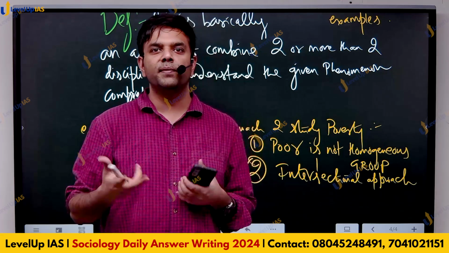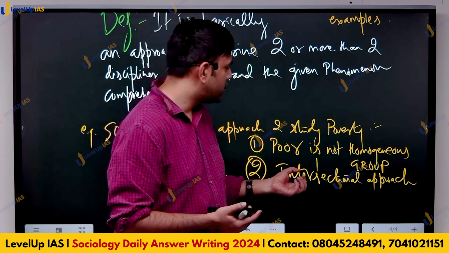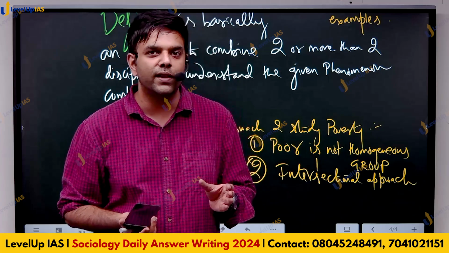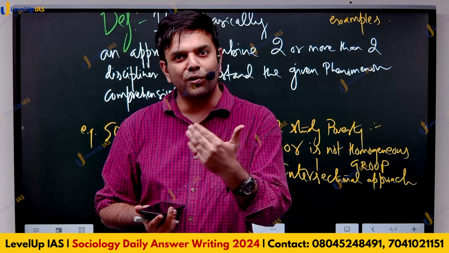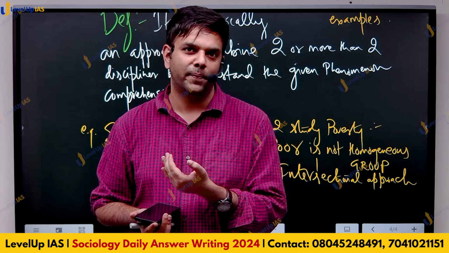It is also multidisciplinary approach. Okay, that means an approach through which you can understand how the issues of poor women are different from poor man. Okay, poor women के issues थोड़े अलग होंगे.